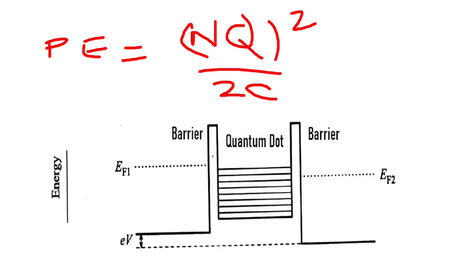Suppose you want to push 2 electrons, then n is 2, so the required potential energy will be 4q square by 2C. There is a huge difference. So if the applied voltage is fixed, that is e by 2C, you can move only one electron at a time. This is the basic working principle of single electron transistors.